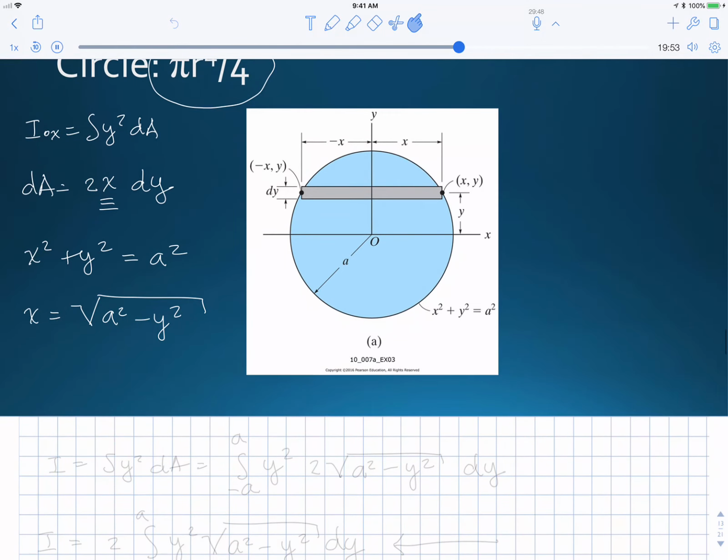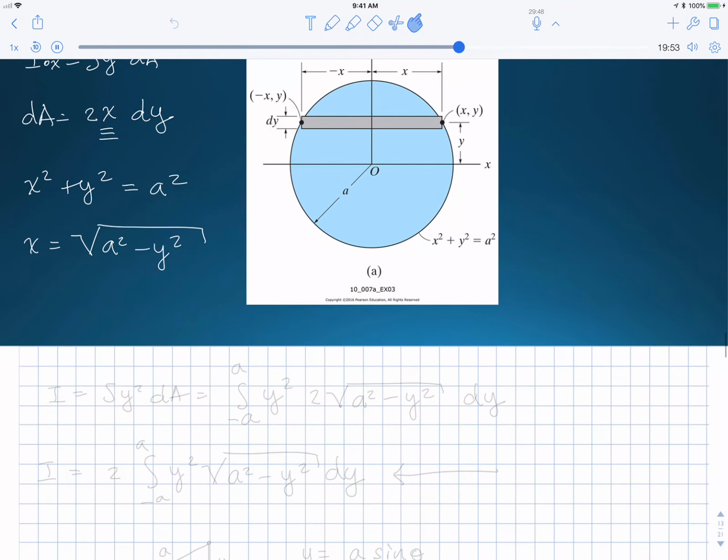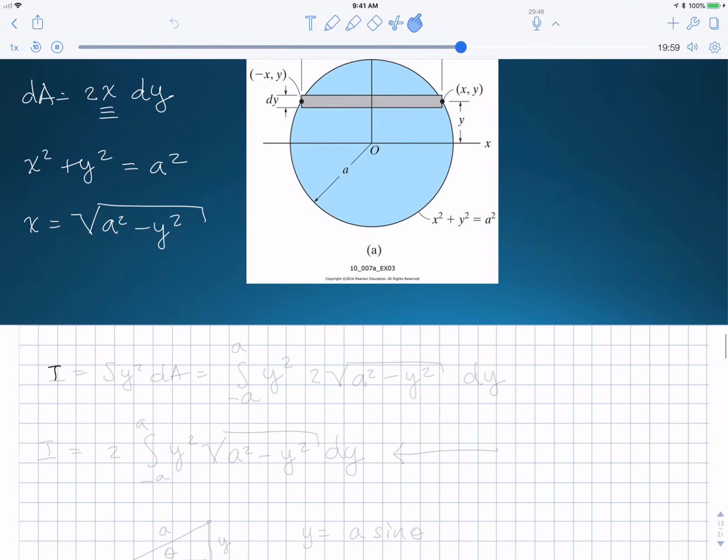Okay, putting that all in, we get I equals integral y squared dA equals integral, and we're going to do this integral from minus a to a, y squared dA, which was 2x, which was 2 square root a squared minus y squared dy.